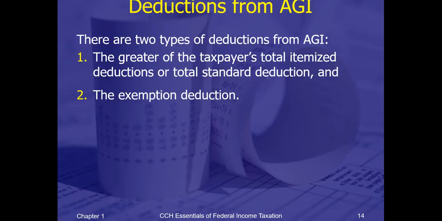So notice the thing about the greater of the taxpayer's total itemized or total standard deduction. You've got to figure out both and then compare, and you take the highest, not both of them, but whichever is the highest. So you get the best deal, but only one of those.